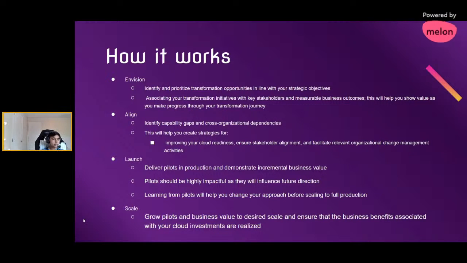Now, the last one is scale, and this means to grow pilots and business value to the desired scale and to ensure that the business benefits associated with your cloud investments are realized.